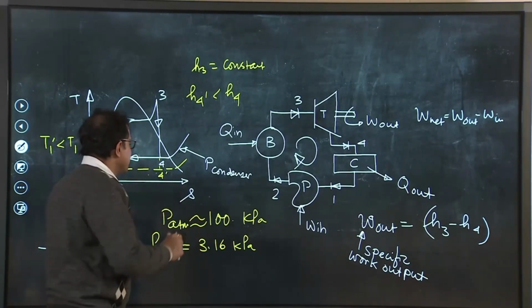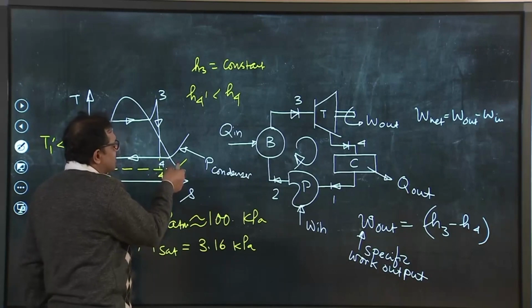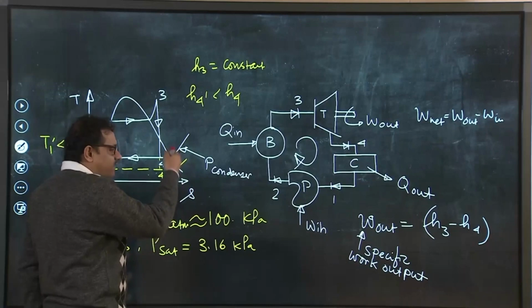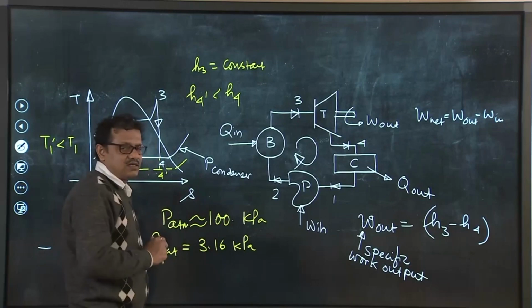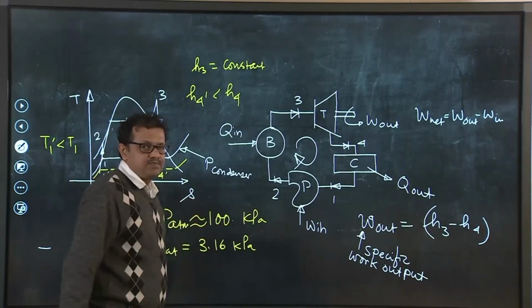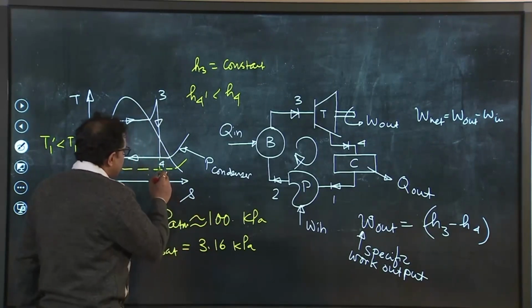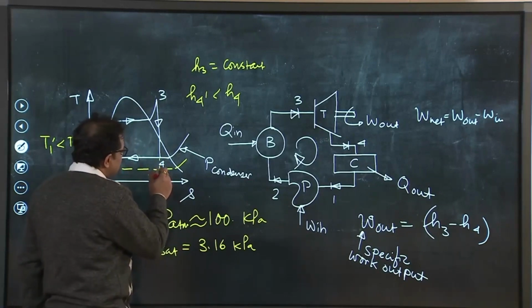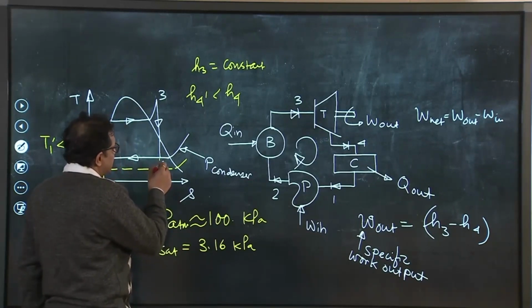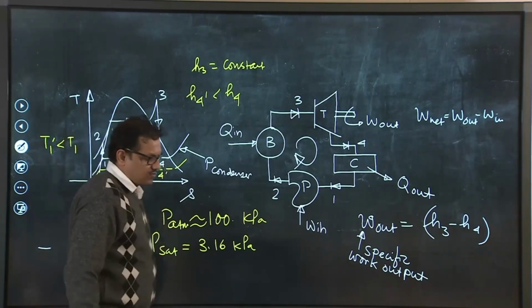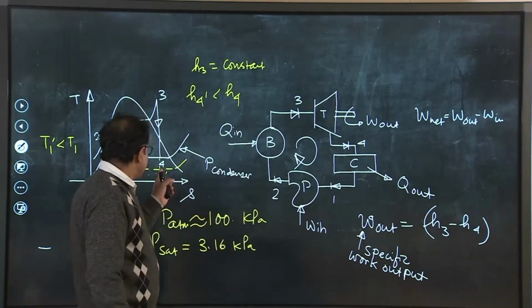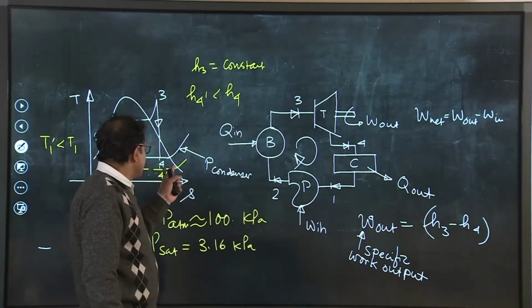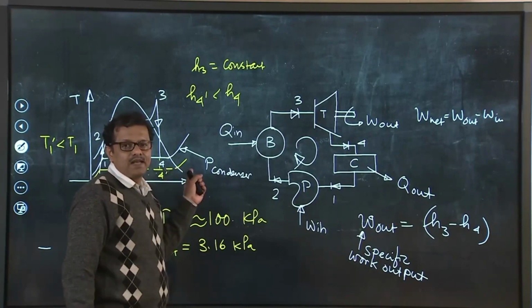But let me tell you one important thing, maybe we can reduce the turbine back pressure or condenser pressure, or we can lower the condenser pressure further and further to get specific work output, but we will be having another important disadvantage, that this particular point, that is the turbine exit, is now going away from the saturated vapor line.